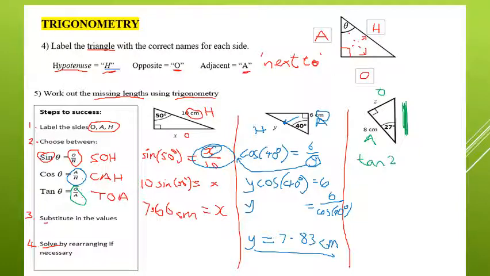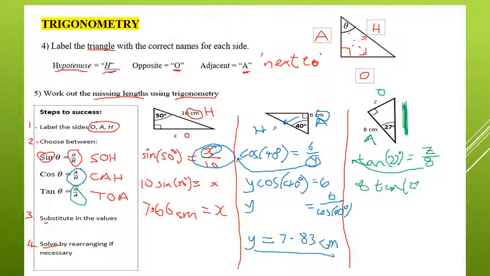Yes, it's 27 degrees. So tan of 27 is equal to the opposite, which in this case is Z, divided by the adjacent, which is 8. This is the case where the unknown's on top, so the 8 just needs to go multiplied out the front there. So we get 8 times tan of 27.